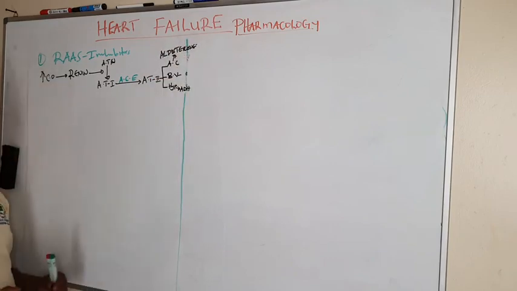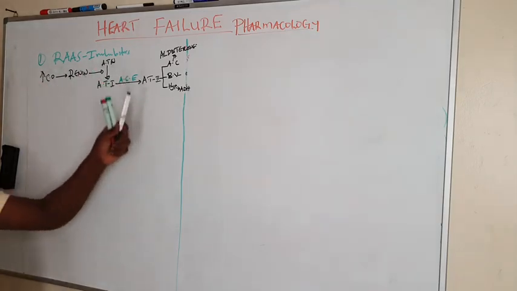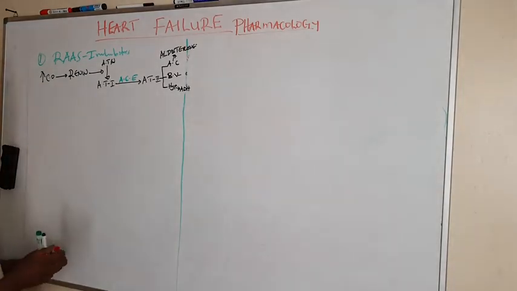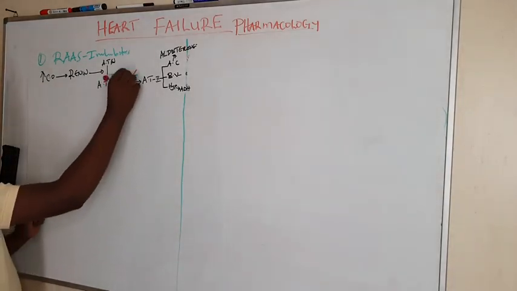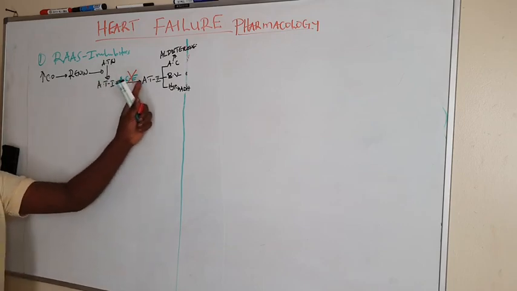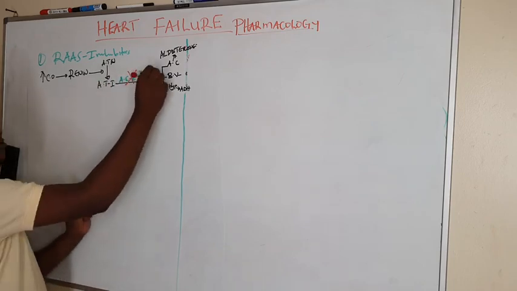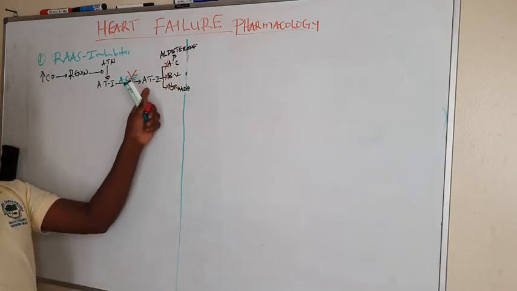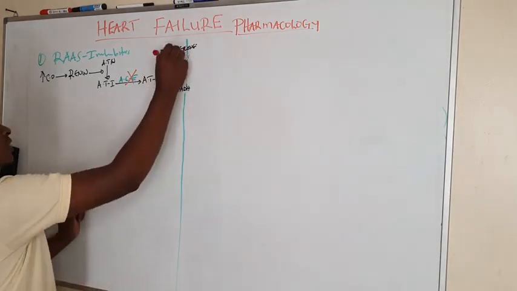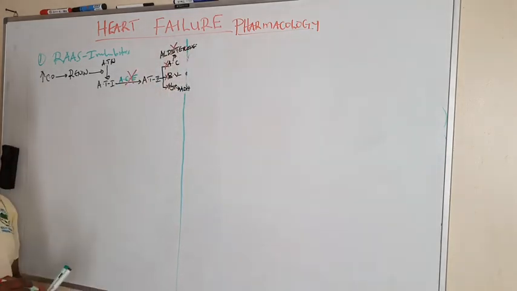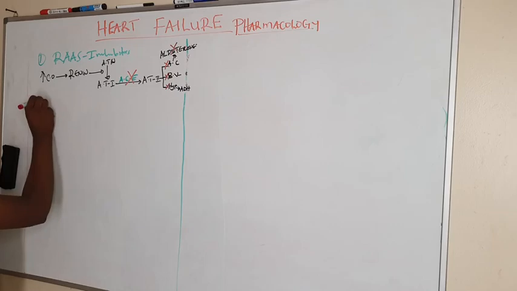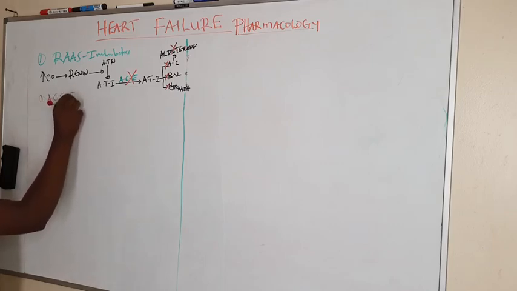So in this category of RAAS inhibitors, we are going to see drugs which inhibit the conversion of angiotensin 1 to angiotensin 2, drugs which inhibit the receptors of angiotensin 2, and drugs which compete with aldosterone. So category 1 is ACE inhibitors.